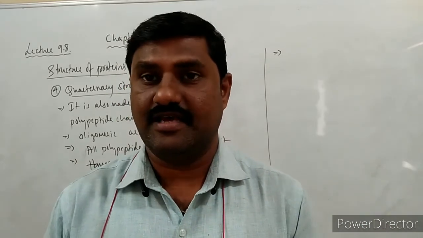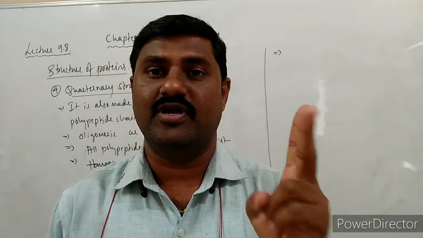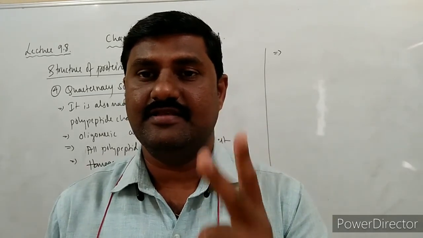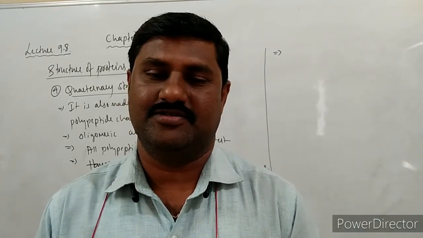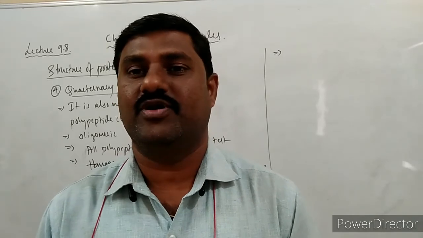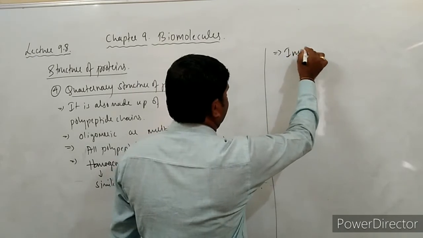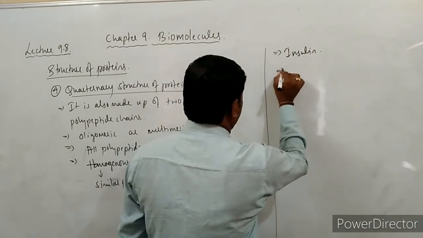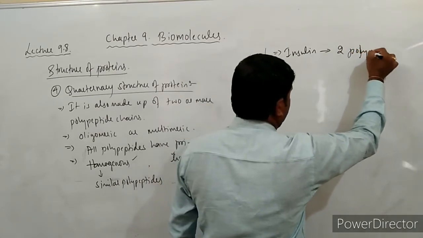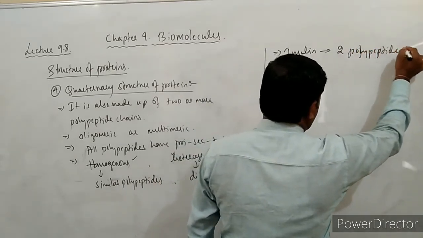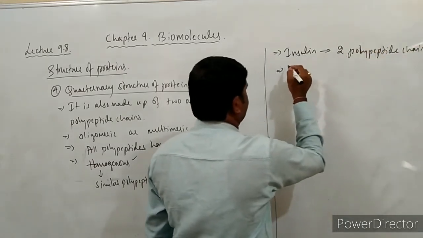An example for this is insulin, which is made up of two polypeptide chains, bound with the help of bonds between themselves, right? This is a more important point to be noted.